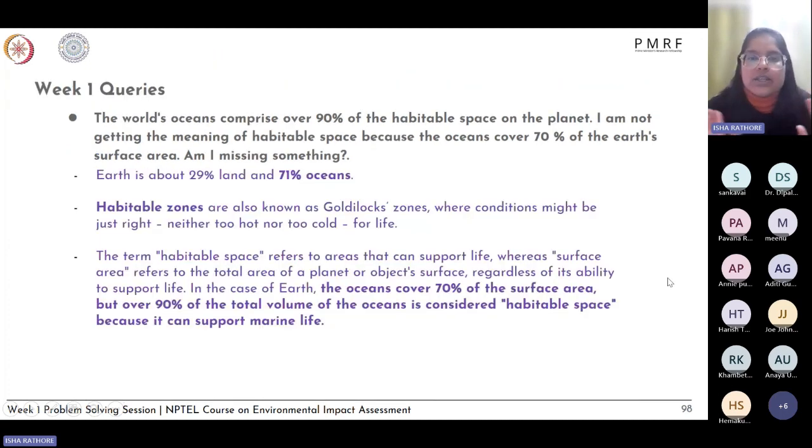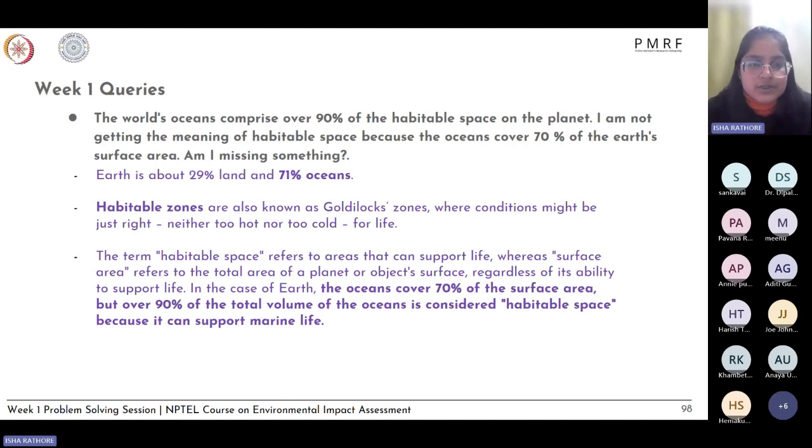You are correct that Earth is about 29% land and 71% oceans. And habitable zones, also known as Goldilocks zones, are defined where conditions are just right, neither too hot nor too cold for life.